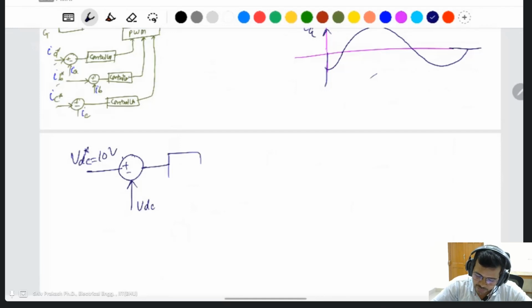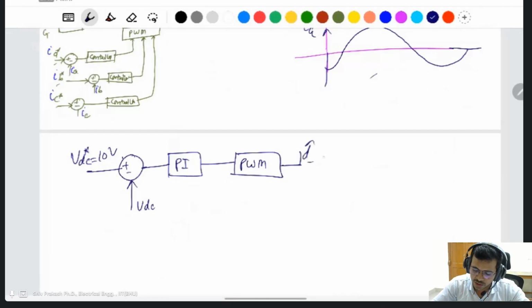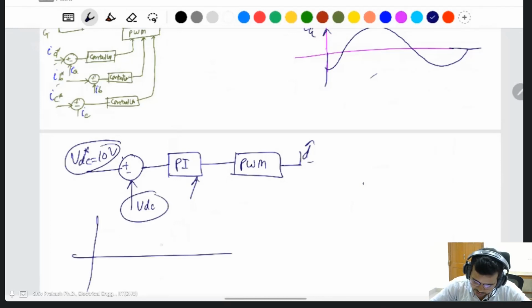After that, you use the PI controller, and this will generate the PWM and the duty cycle to the DC converter. In this condition, if you use a PI controller, the DC voltage will be fixed. Since this is a fixed reference voltage, you can track it easily.